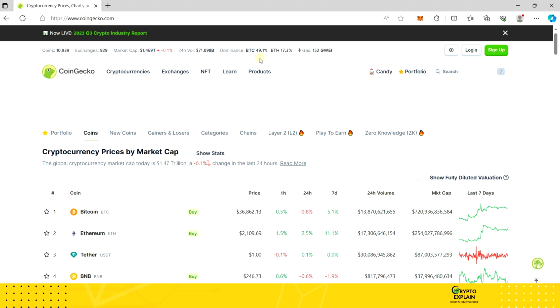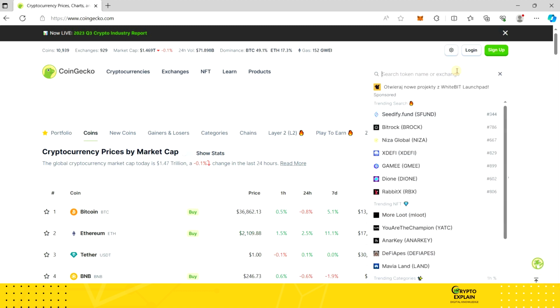We can examine the share of Bitcoin in this amount, and at the moment, it's nearly half of the entire market. Ethereum constitutes almost 17%. So, the two largest cryptocurrencies make up 67% of the entire market, with the rest being altcoins.